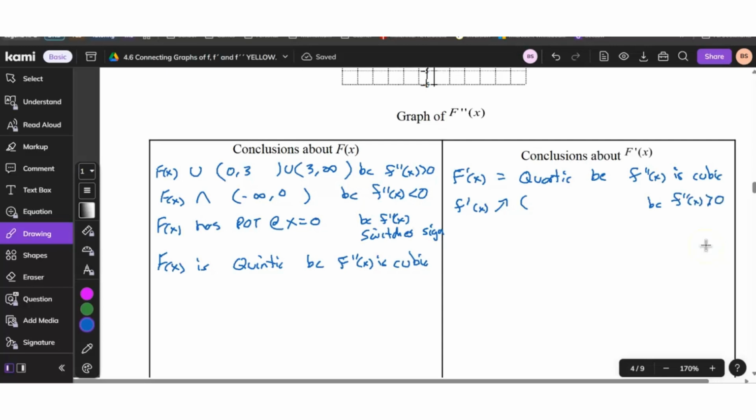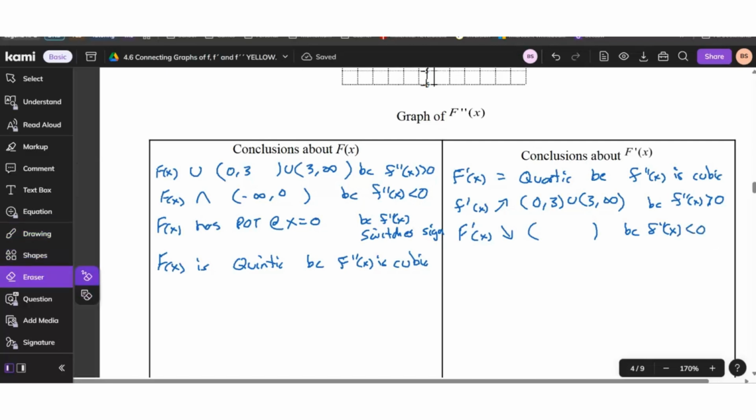Anywhere it's positive, and that happens, we already figured it out. That's at 0 to 3 and 3 to infinity. So you see that your intervals are going to be the same for all these things, right? And then f prime of x is going to be decreasing wherever f double prime of x is negative.